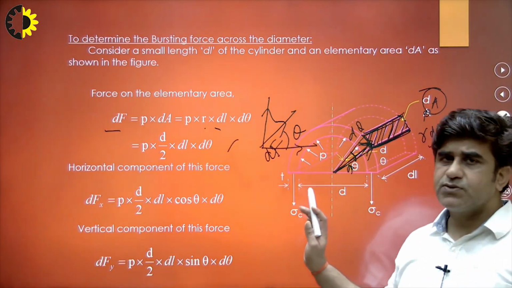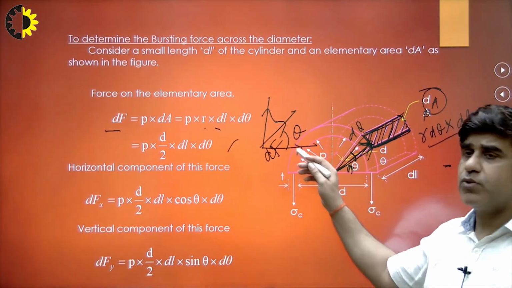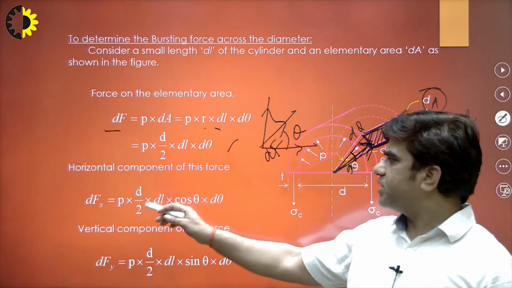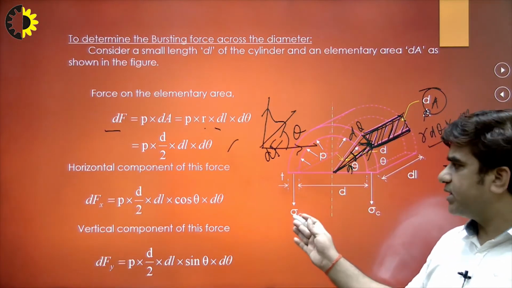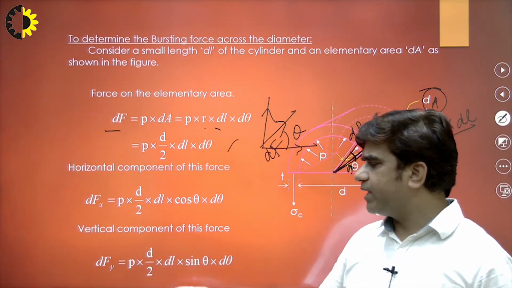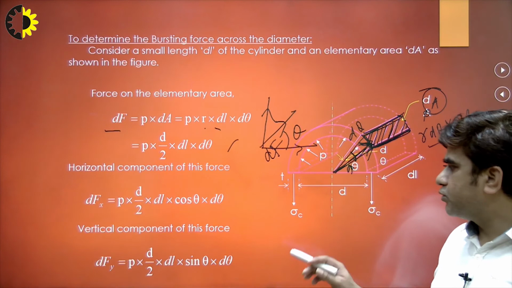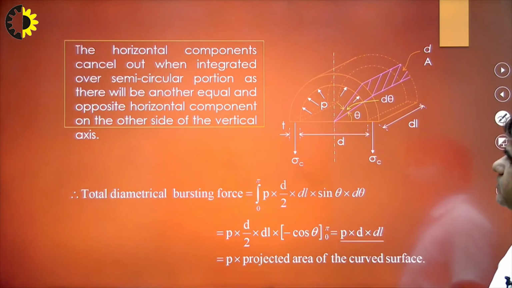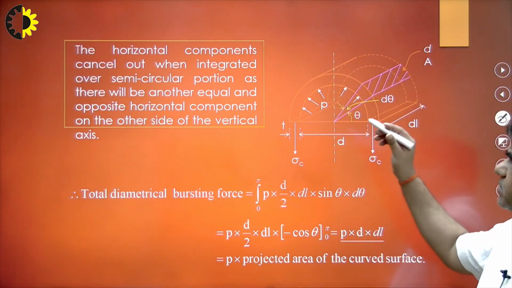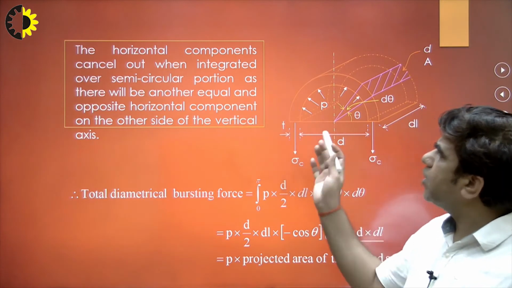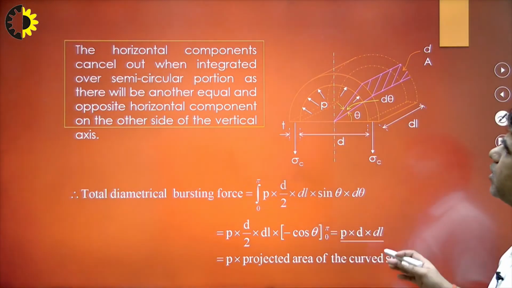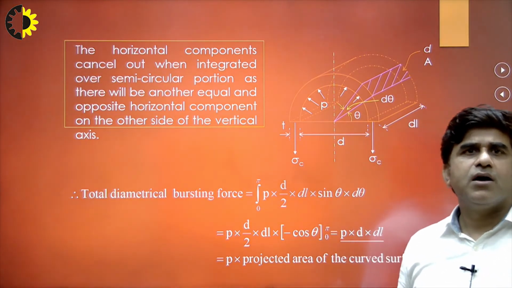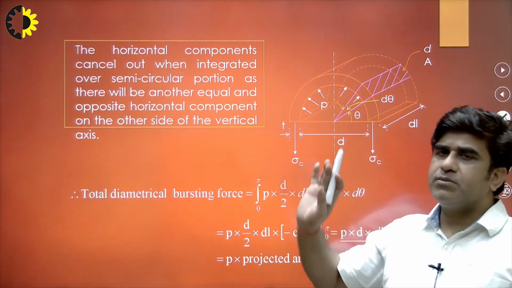Now, this force has two components. dFx is the horizontal component, P into d by 2 into dl cos theta into d theta, and the vertical component dFy equals P into d by 2 into dl into sin theta into d theta. The horizontal component cancels out when integrated over the semicircular portion from 0 to pi, as there will be another equal and opposite horizontal component on the other side of the vertical wall.